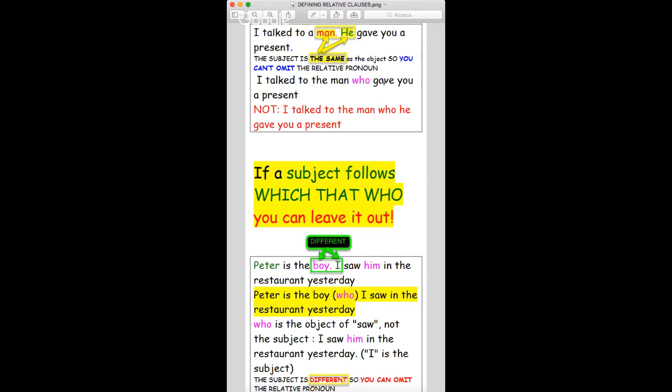Between who and gave, there's no pronoun, there's no name, there's nothing which indicates the subject, and therefore you must put it in. I talked to the man who gave you a present. There's no other choice. Whilst in the sentence below, Peter is the boy who I saw. After who there is I, so we can omit it.